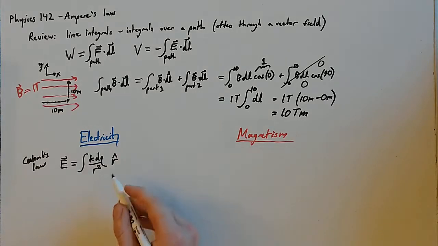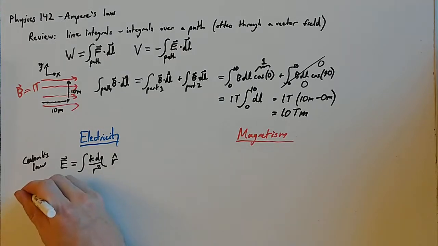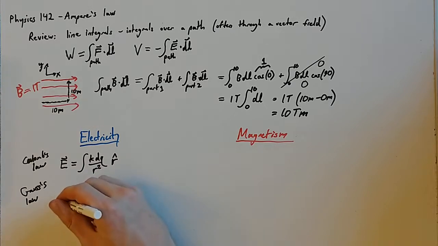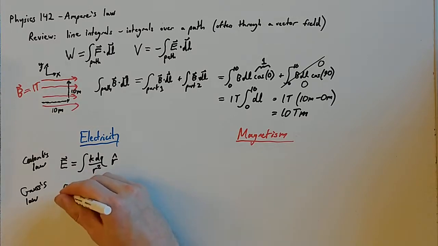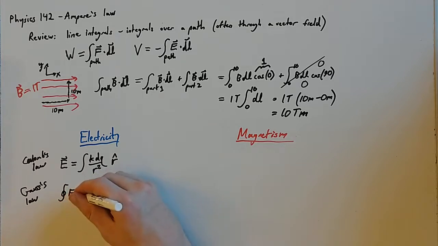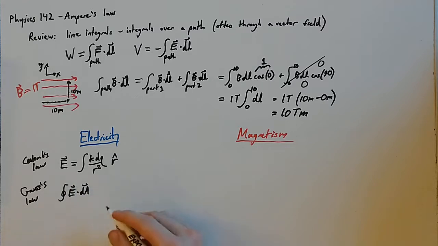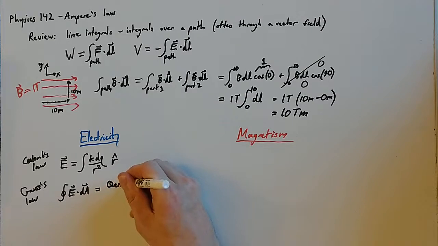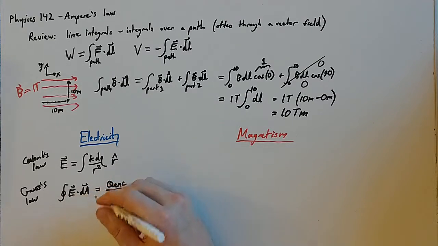But we had another way too where we could calculate electric fields, and that was through Gauss's law. Another way that we realized that charges produce electric field is this relationship we called Gauss's law, and there we took a surface integral where we found the flux through some surface, and we realized that that was related to how much charge the surface enclosed.